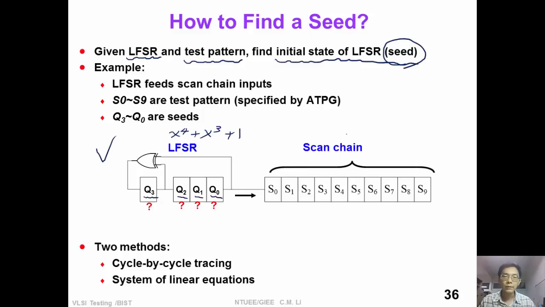We are also given a scan chain. Their bits are S0 all the way to S9 from left to right. The bits of the scan chain are specified by our ATPG.